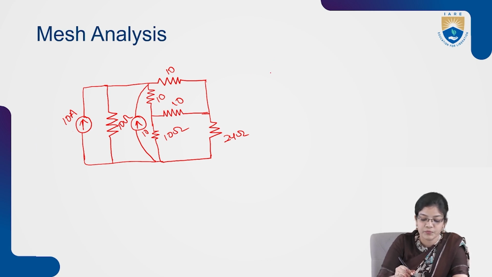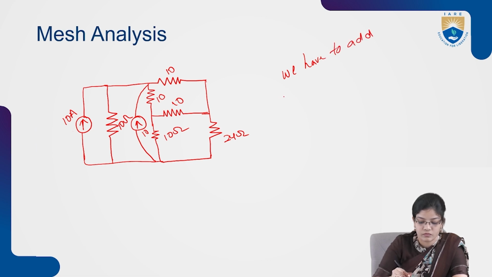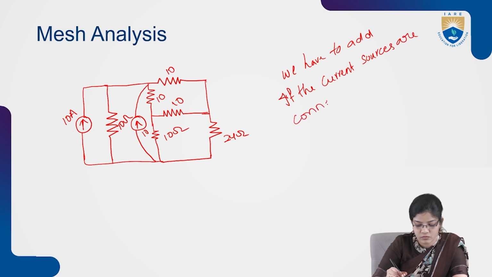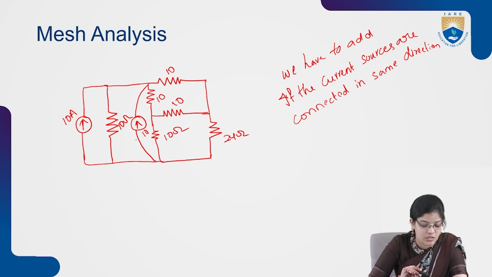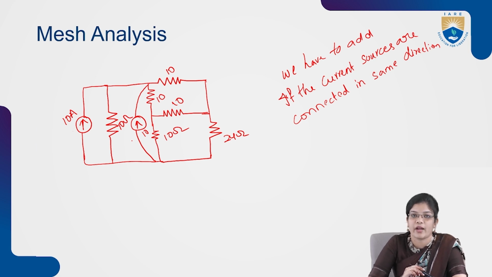So we have to remember, if current sources with the same direction are connected in parallel, we have to add. If one of the sources is connected in the opposite direction, then we have to subtract.